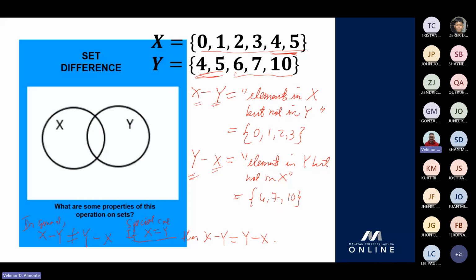However, if x is equal to y, x minus y is actually empty because you have to delete everything. Tama po ba? Y minus x as well. So therefore, if the two sets are equal, x minus y is equal to y minus x.